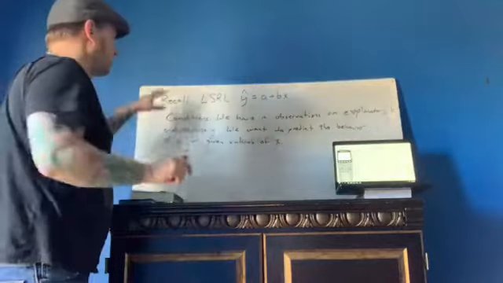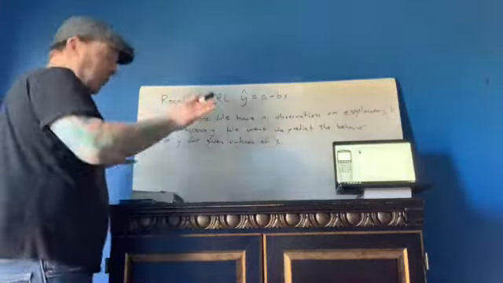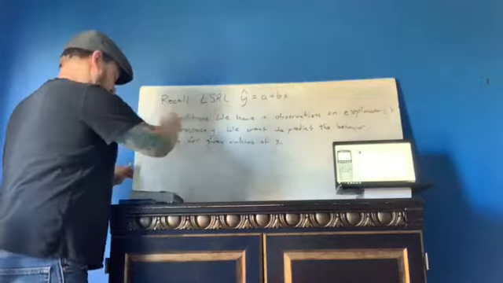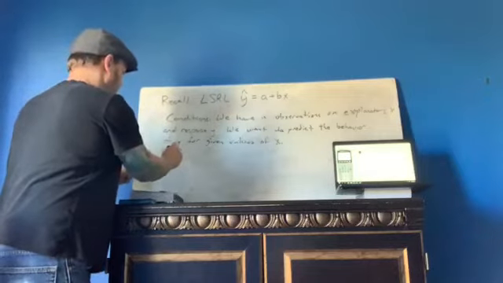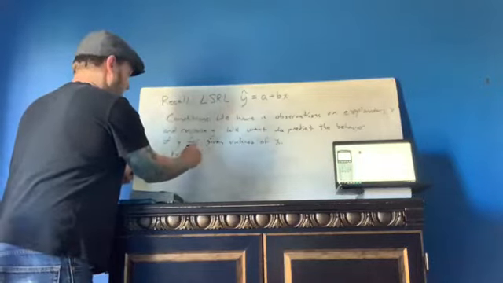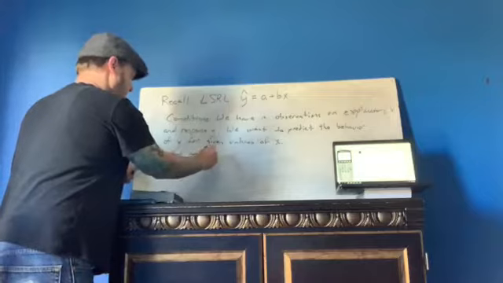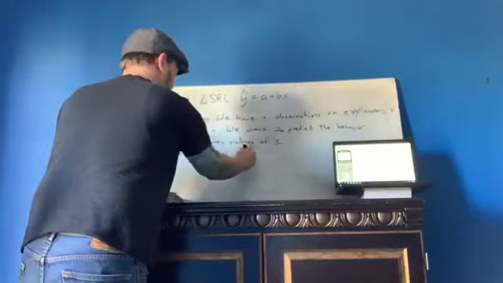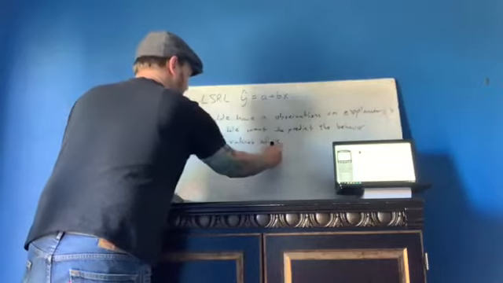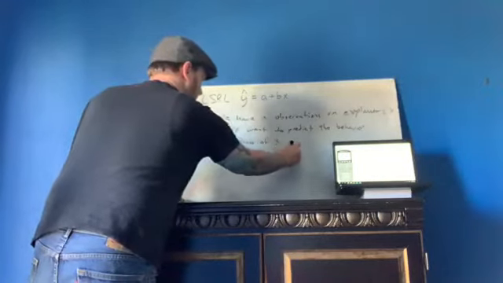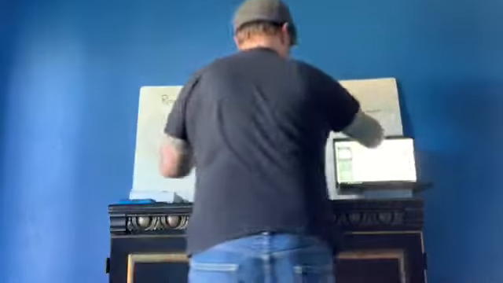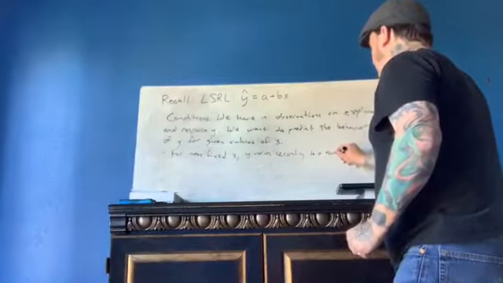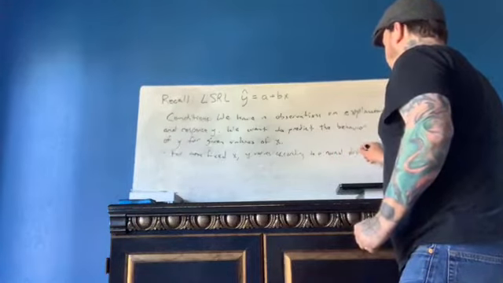So let's talk about conditions, what we need to have be true in order to do inference. So for any fixed x, y varies according to a normal distribution.